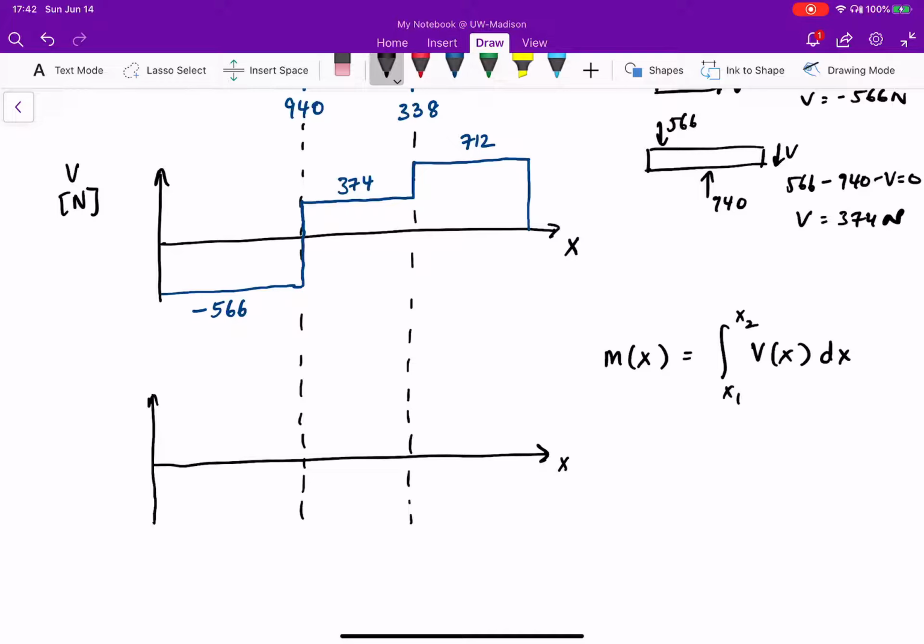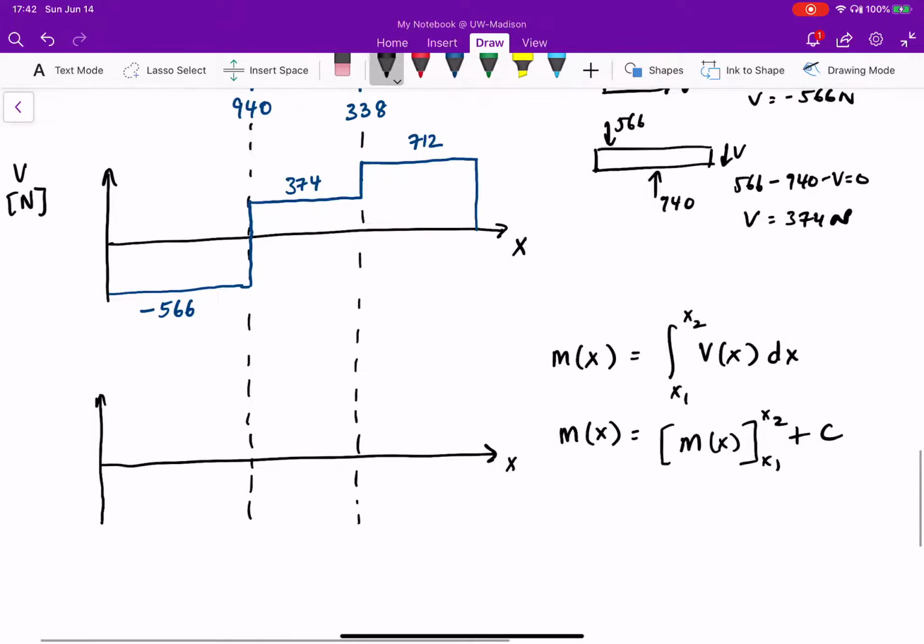And in terms of lines and curves, integral basically means area under the curve. If I were to solve this algebraically, it would be M of x is equal to M of x evaluated from x1 to x2 plus some constant c.